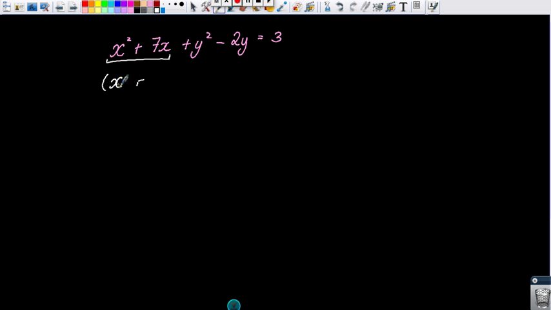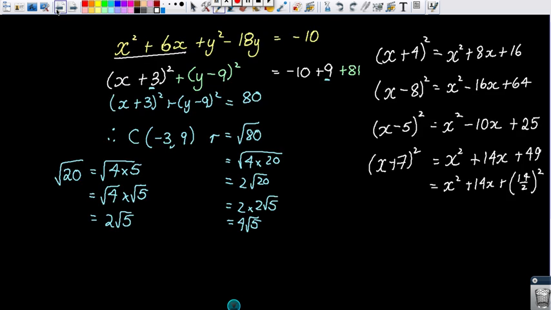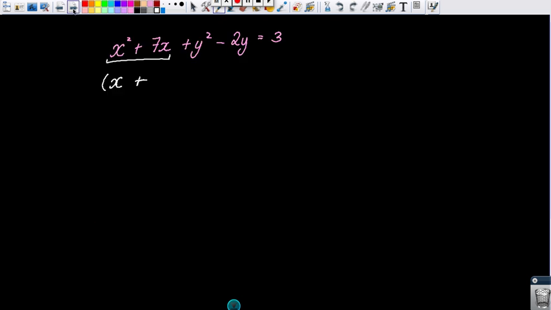What did we do back here to go from here to here? We divided by 2. So I'm dividing by 2. I'm not going to put 3.5 because we're big people now and we can write a fraction. It scares all the other little people.